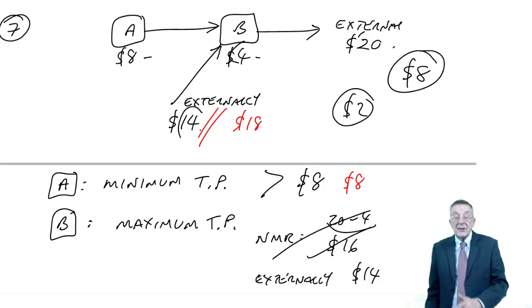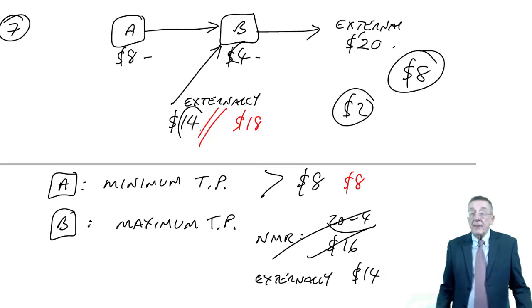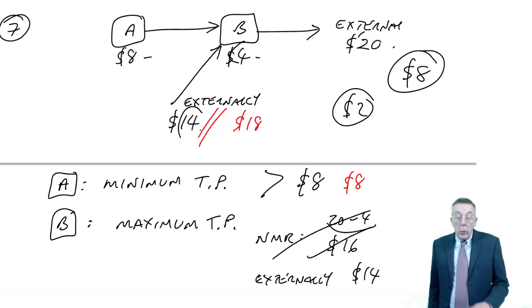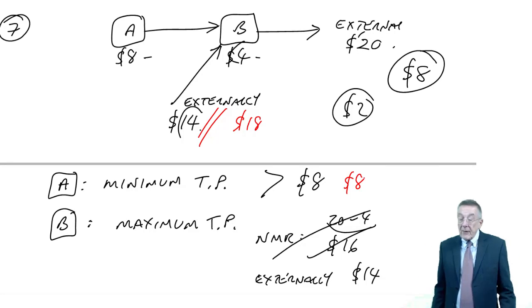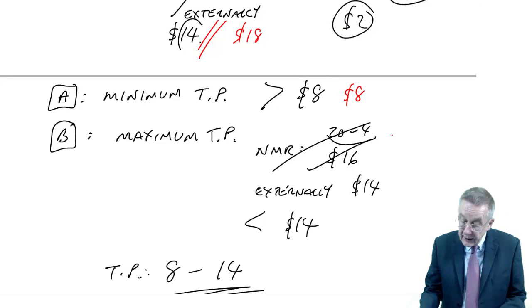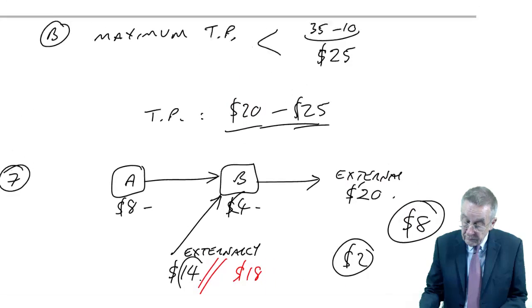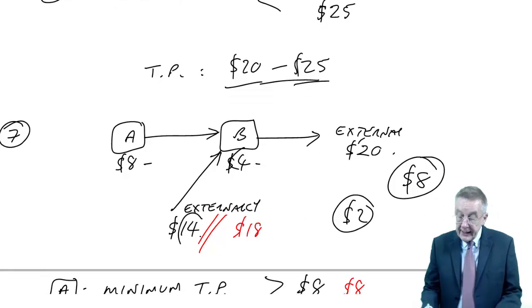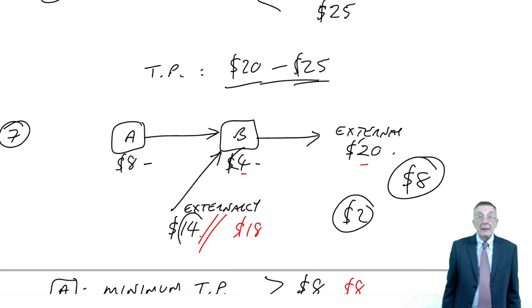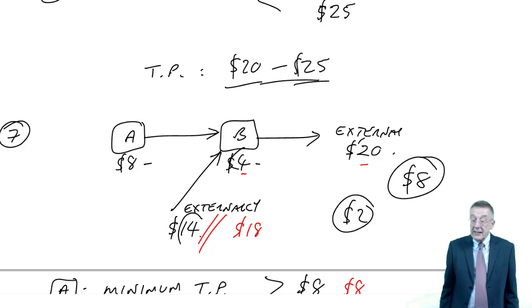A is prepared to sell to B, provided they get more than the cost. What about B? B will never pay anybody more than the net marginal revenue, which was 16. Their net marginal revenue, 20 less 4 is 16. They won't buy it from anybody at a price of more than 16.